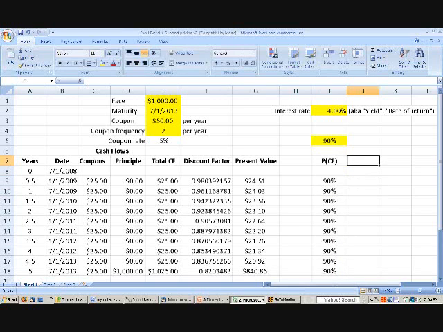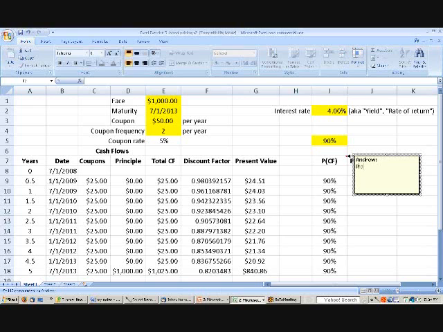And then we are going to have another column that is the probability weighted PV. Let's write some comments here so that we know what these column headings are. Probability of cash flow occurring.